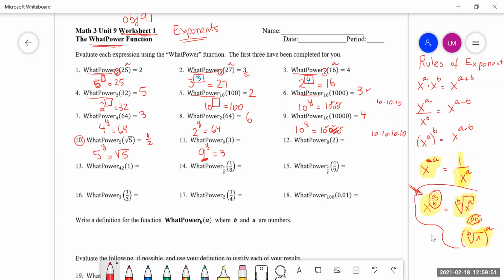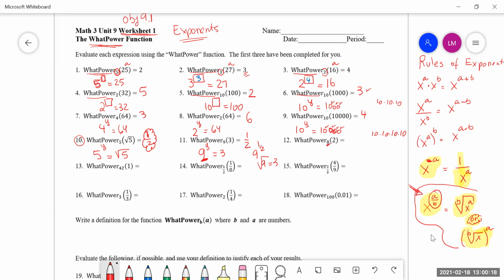Oh, a square root? The square root of 9 gives me 3. How do I write the square root? By now you should have noticed that a square root power can be written as 1/2. So the answer for this is 1/2. It makes sense because 9 to the 1/2 power is the same thing as the square root of 9, which is 3.